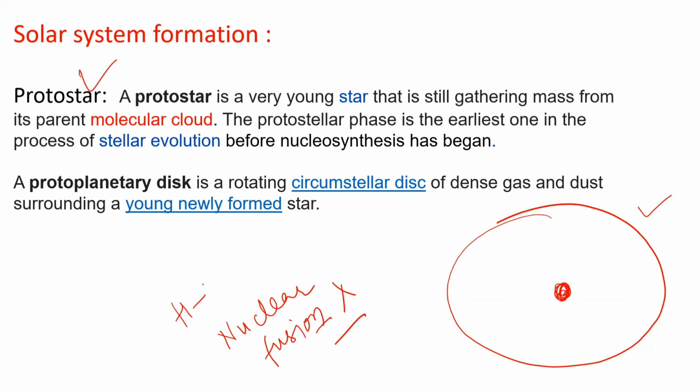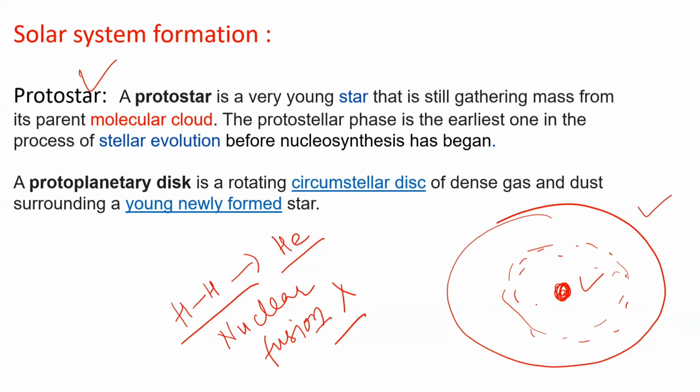Hydrogen does not combine to give helium in the protostar state. So at the center of any gas cloud, a protostar will form, and around it the gas cloud will move, and this protostar will gather mass from these gas particles revolving around it.